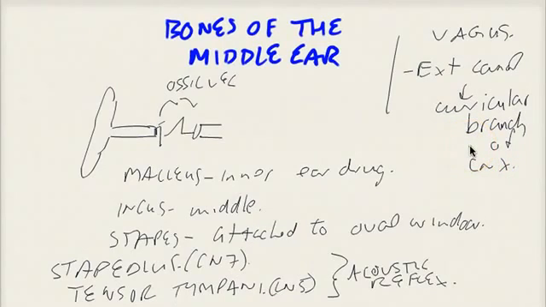The remainder and majority of the canal is innervated by the mandibular branch of cranial nerve 5 via the auriculotemporal branch. The inner surface of the tympanic membrane is innervated by the glossopharyngeal nerve via its tympanic branch. So the vagus does have a small role in innervating the ear.